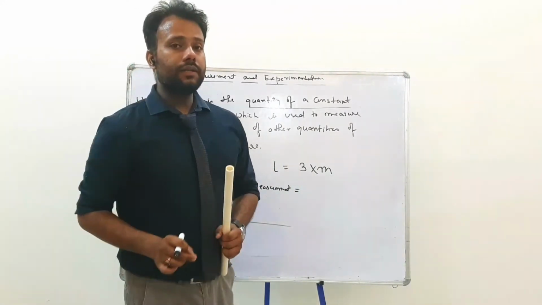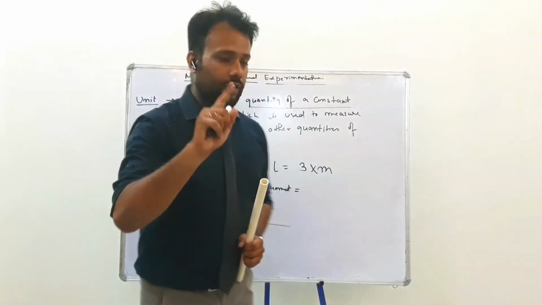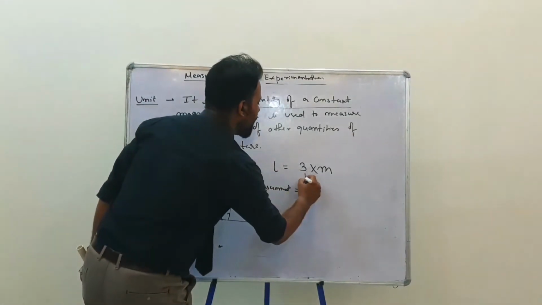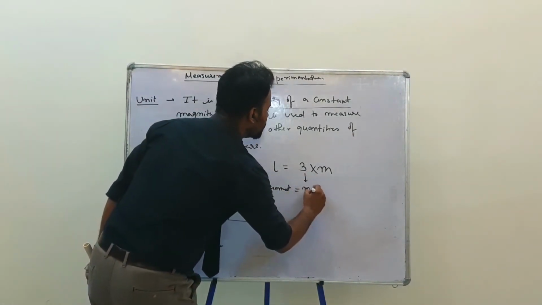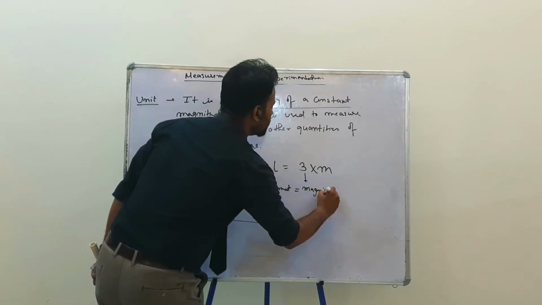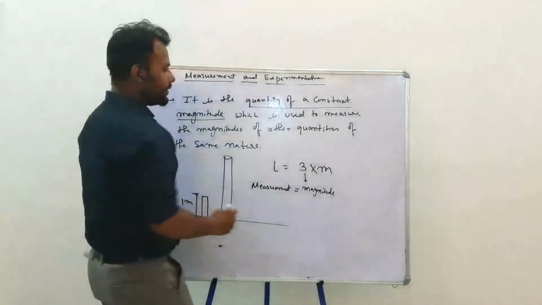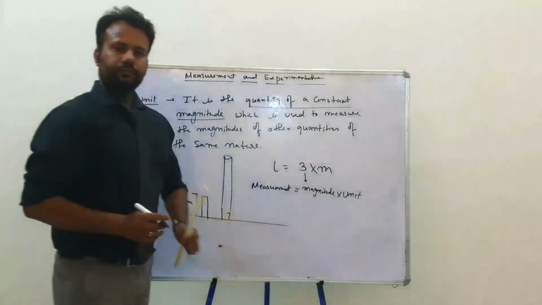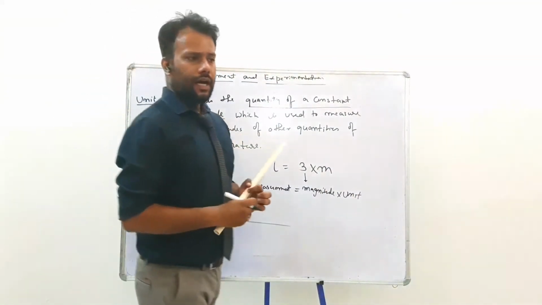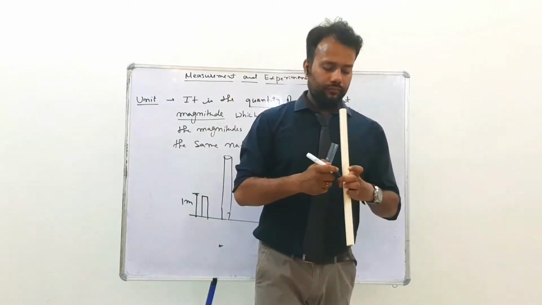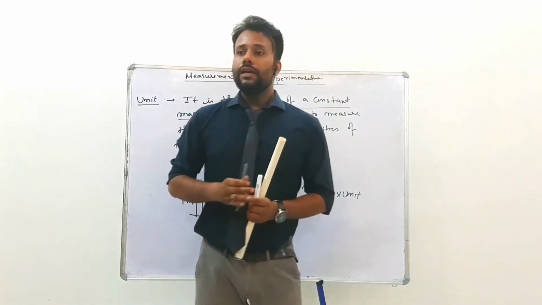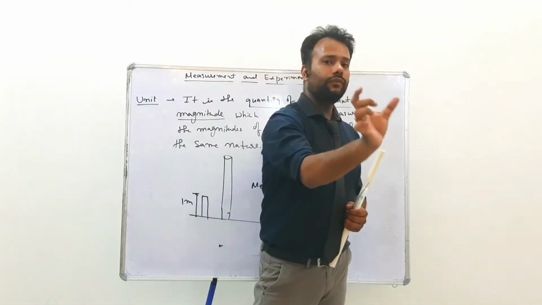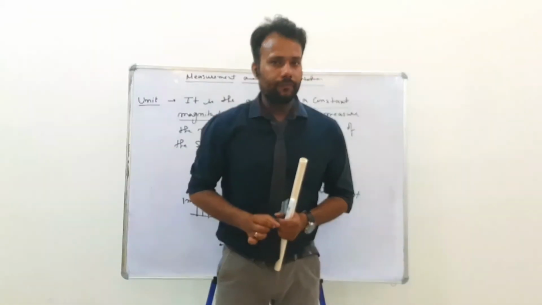So in a measurement we have 2 things. First is the magnitude, multiplied by its unit. You know the unit is fixed. I have fixed it to 1 meter. Now the length of the pipe is 3 times the fixed length, that is 3 meters.